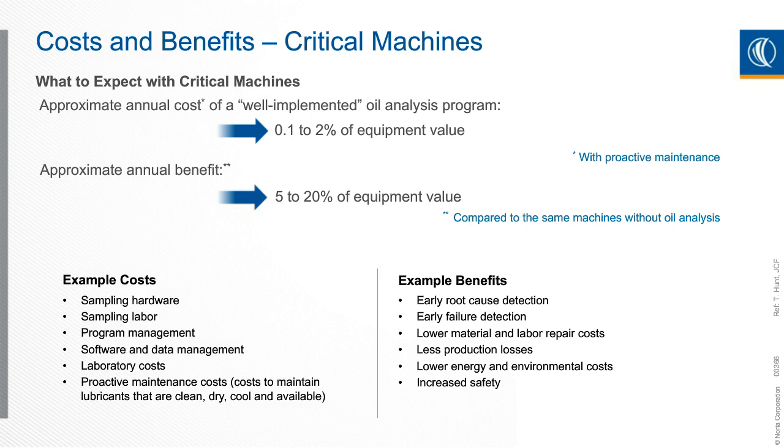Because we're avoiding a failure, we're potentially going to extend the life of your machine several times. And you're going to reduce the potential labor, potential material required, and the spare parts. Less production losses, lower energy and environmental costs, increase in safety. Everything's going to become better as a result of a well-implemented oil analysis program that could be anywhere from 5 to 20% of a benefit as a result.